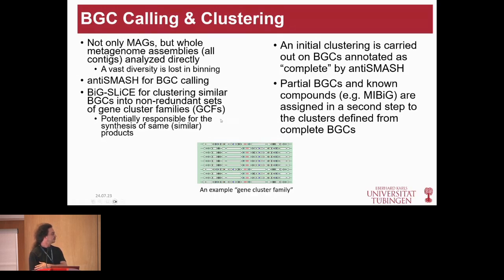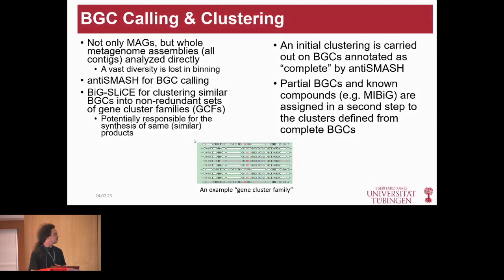As an example shown here, these are very similar in structure and in sequence, and also in the synteny of the genes and their domains. These are potentially responsible for the synthesis of the same or similar products. But one major problem with metagenomes is that most of the gene clusters that we identify are not complete, but only partial.